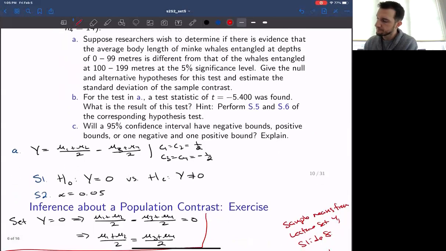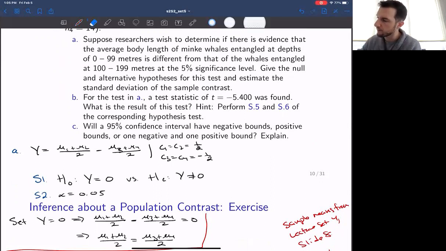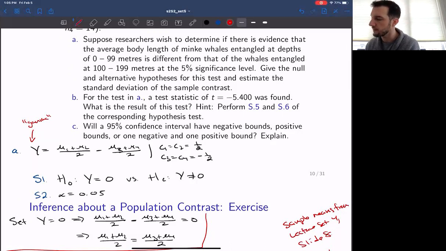In part A, our contrast, which we derived in part C of the first problem in the lecture set, is gamma. So gamma is equal to mu1 plus mu2 over 2 minus mu3 plus mu4 over 2. So we have coefficients C1 equals C2 equals 1/2, and C3 equals C4 equals -1/2.